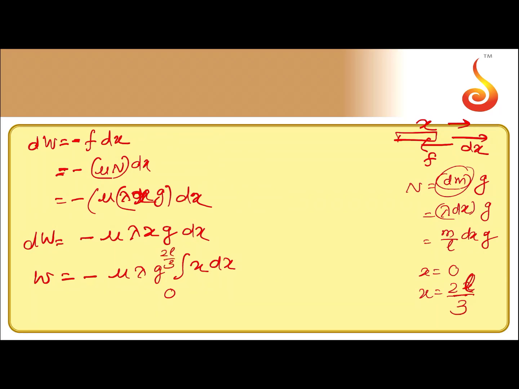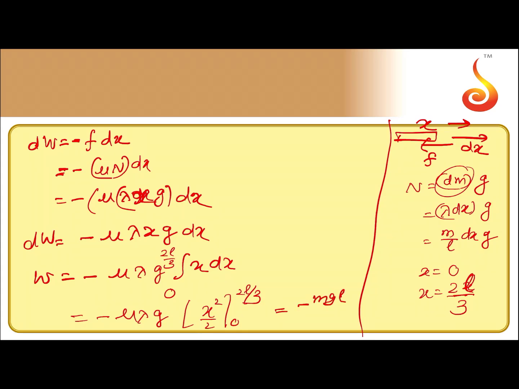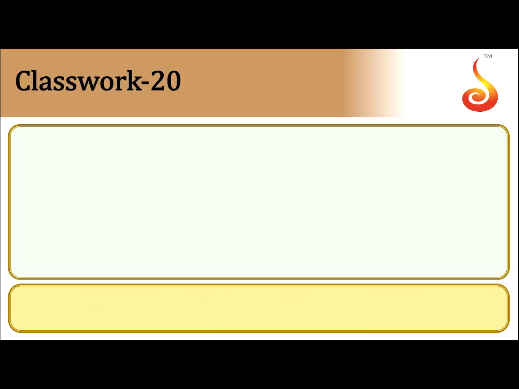So that is minus mu lambda g, and the integral of x dx is x square by 2, from 0 to 2L divided by 3. So you can simplify it further. Upon simplification, I want you to try this. Of course, this becomes minus mgL divided by 9.